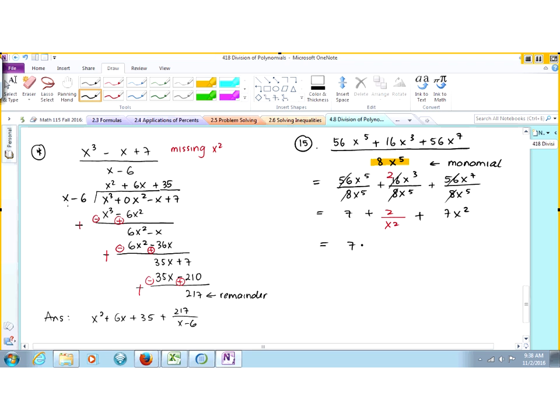Okay, so if you just want to write them in order, 7x squared plus 7 plus 2 over x squared. It's fine. Yes, you cannot leave your answer in negative exponent unless it's a scientific notation. Yeah? Okay. Let's see. What else?